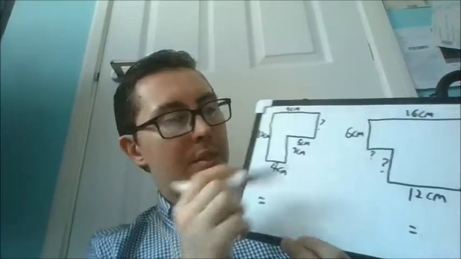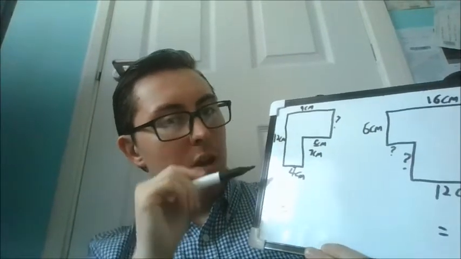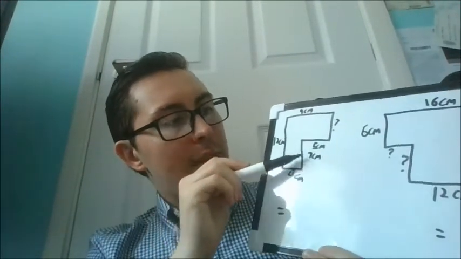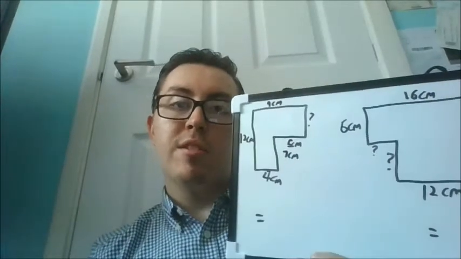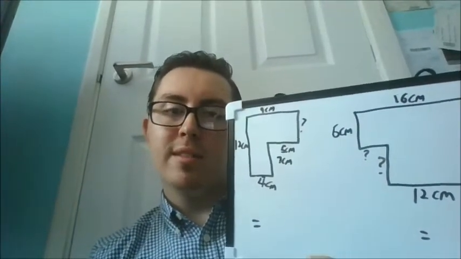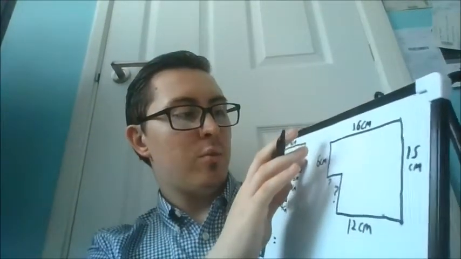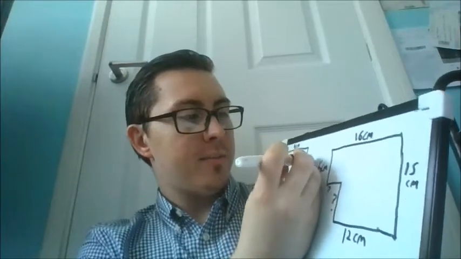And our length, we have to look at the main length, which is 12 centimetres. That's our whole length. What other length do we have? We have 7. So the difference between 7 and 12 is 5 centimetres. So do the inverse. 12 take away 7 is 5. So this is 5 centimetres.